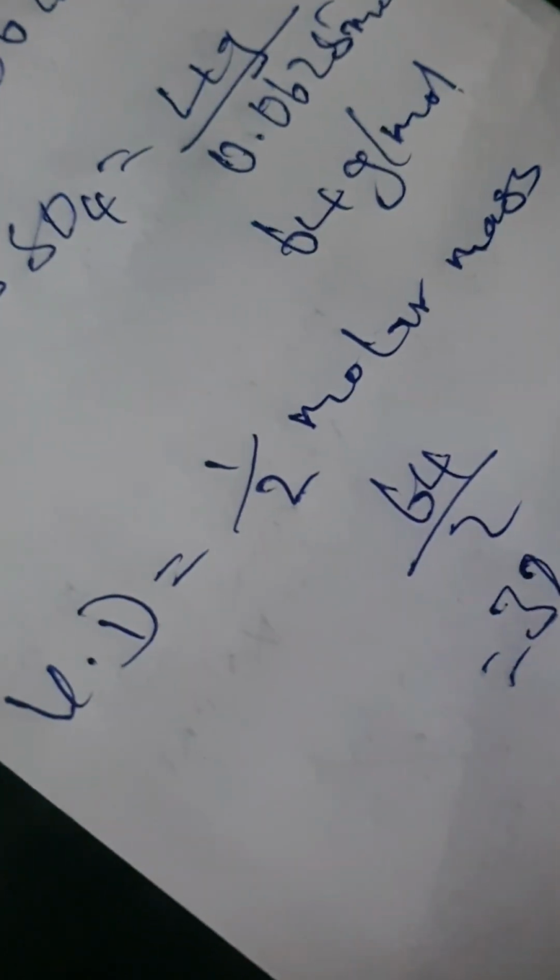So 64 divided by 2 is 32. This is our answer. Thank you very much.